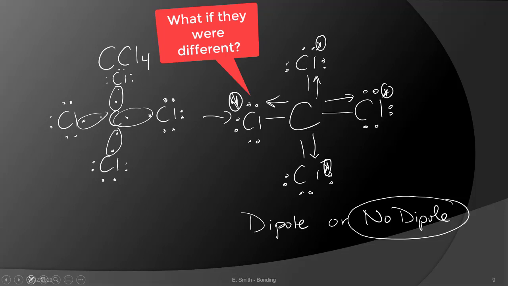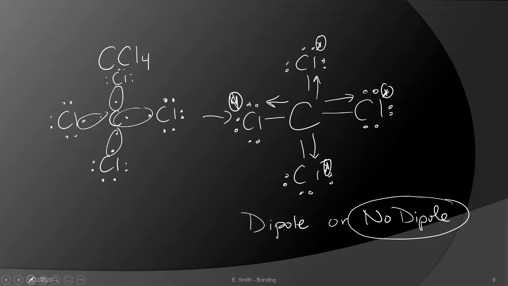Okay, that leads me to the next one. Let's take a look, folks. I'm going to erase this. I want to take a look at carbon dioxide, CO2. So let's take a look at carbon dioxide. Carbon, again, 4 valence electrons. Oxygen has a total of 6 valence electrons.